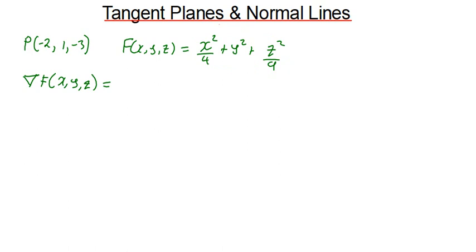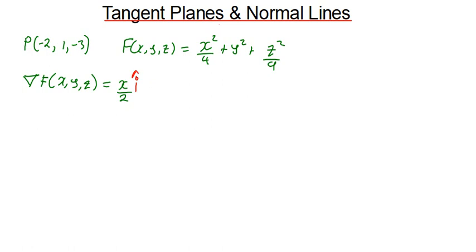Differentiating with respect to x, what are we going to get? The power is going to drop. We're going to have 2x over 4. That just ends up giving us x over 2 in the i. Let me write using this color, in the i like that.